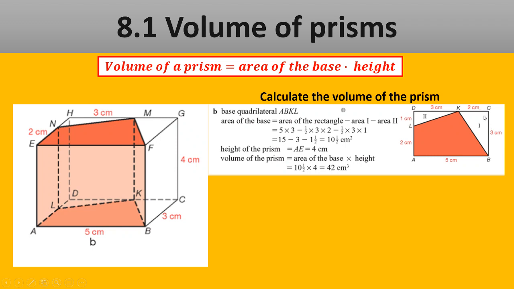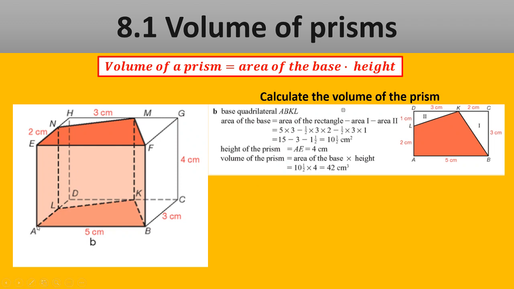Because here is a right angle. Here it's a half times 1 times 3. So it's going to be 15, 3 times 5, minus this thing, that's going to be 3, and this thing is going to have an area of 1.5. And I find the total area of ABKL is 10.5 square centimeters.